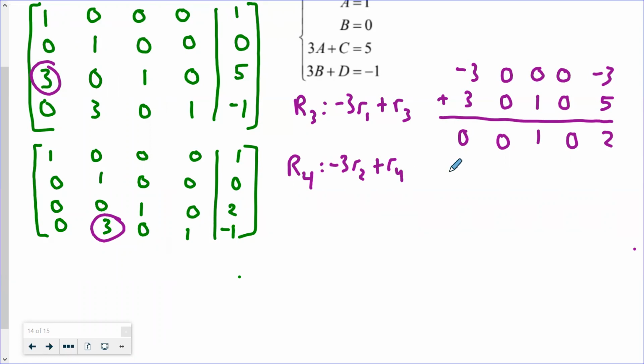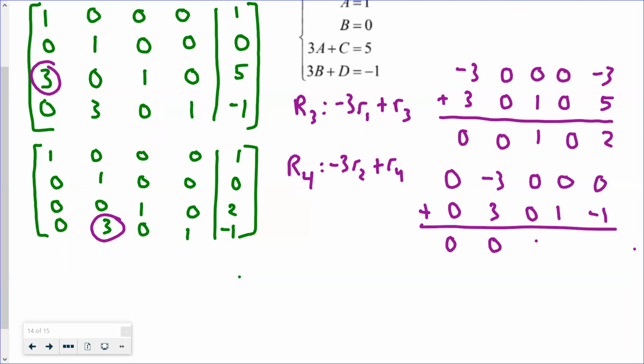So -3 times row 2, that's 0, -3, 0, 0, 0. And then row 4 is just 0, 3, 0, 1, -1. When I add those together, I get 0, 0, 0, 1, -1.